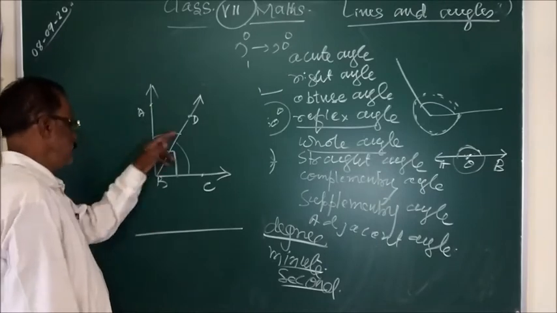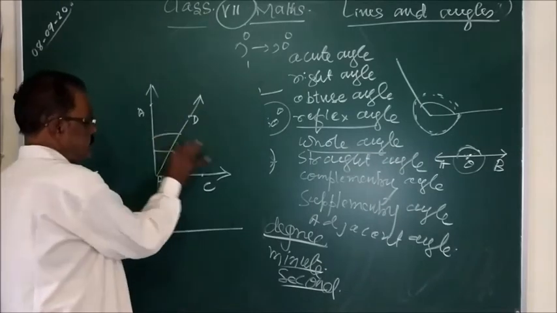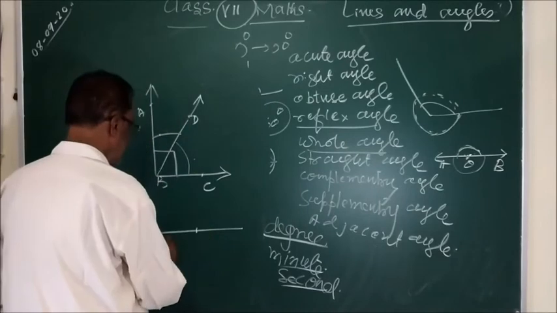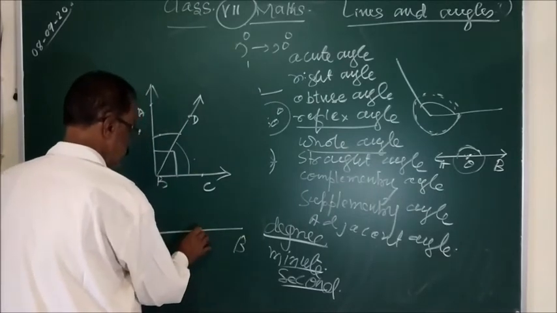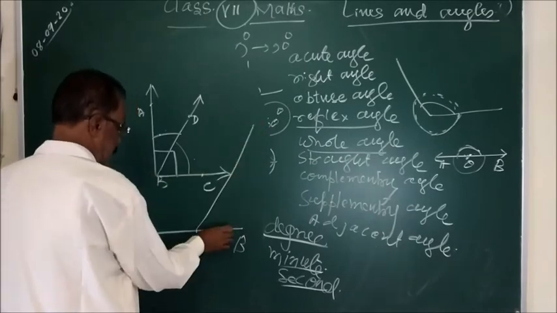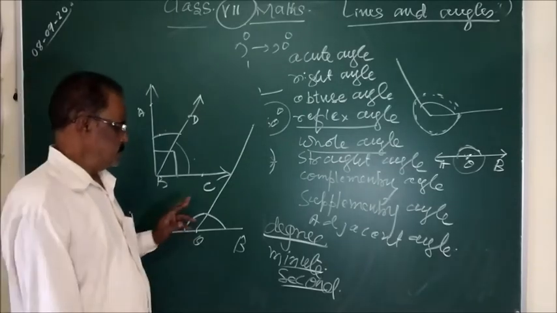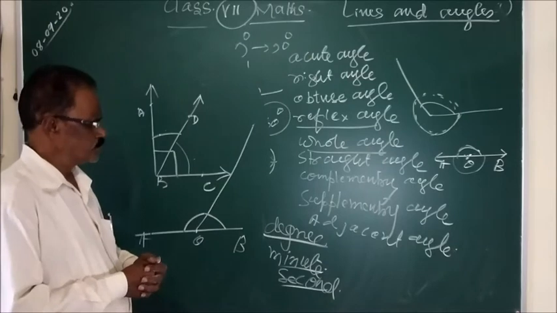And if the sum of these two angles is 90, then those adjacent angles will be called complementary. Supplementary angle, suppose this is the O, this is BD, and this is angle. So the sum of these and these, how much will it come? 180. The sum of two angles is 180 degree, that is called supplementary angle.